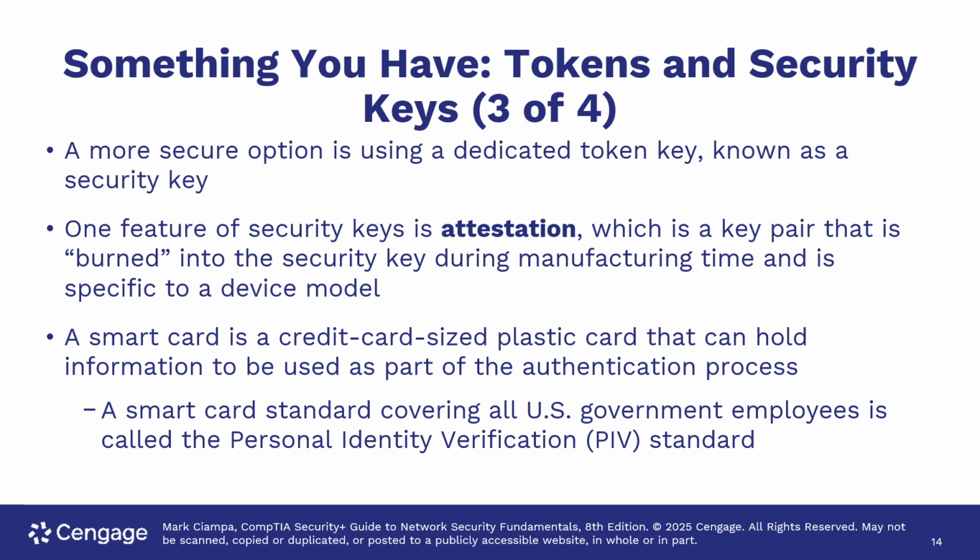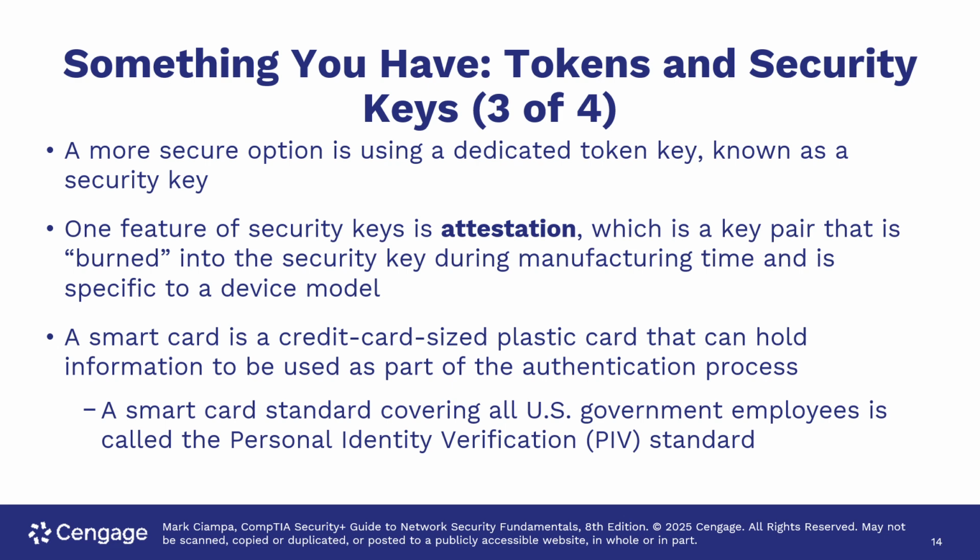A more secure option is using a dedicated token key known as a security key. One feature of security keys is attestation, which is a key pair that is burned into the security key during manufacturing time and is specific to a device model. A smart card is a credit card sized plastic card that can hold information to be part of that authentication process.